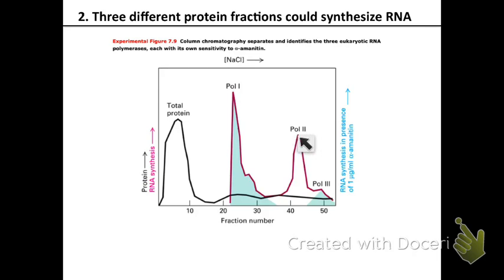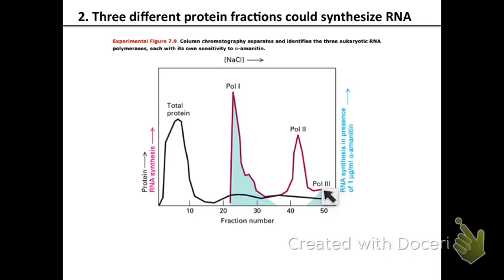So a lot of the Pol 2 is found in this fraction, but a little bit of it comes out in the previous, and a little bit in the later fraction. Okay, so that's why you see this triangle type of shape. And then you see there's another peak here.